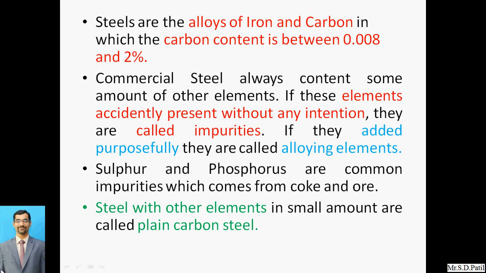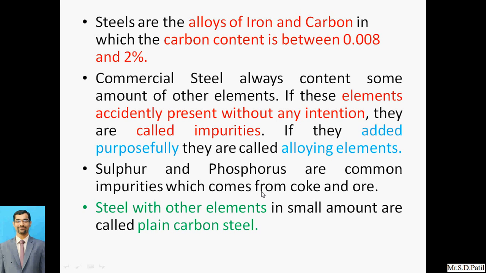All those equipments, the needles, the scissors, should have a very high amount of corrosion resistance, so they do not corrode. To enhance such properties, elements are added, and if they are added purposefully, they are called alloying elements.